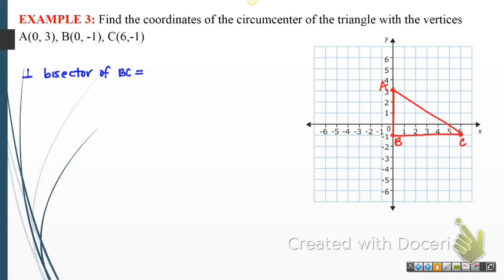So the perpendicular bisector, first of all, should bisect BC, which means that the perpendicular bisector should pass through the midpoint of BC. So again, using our midpoint formula for B and C, I'm going to take the average of the x's and the average of the y's, and that makes the midpoint at the point 3, -1.